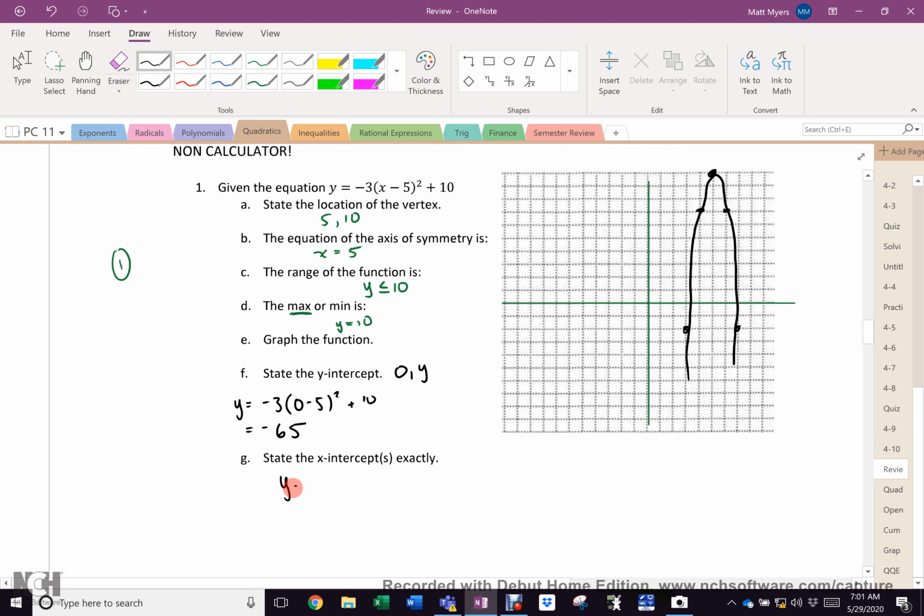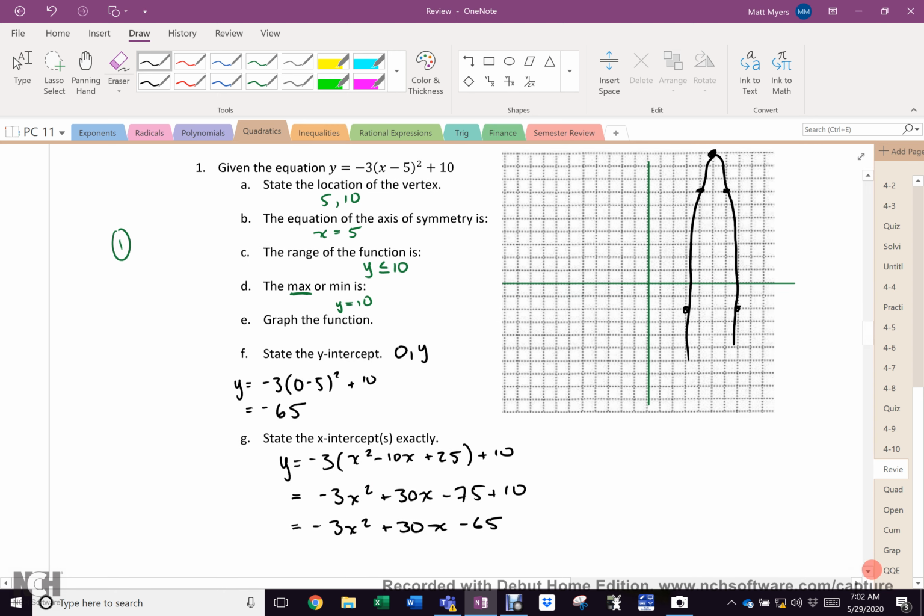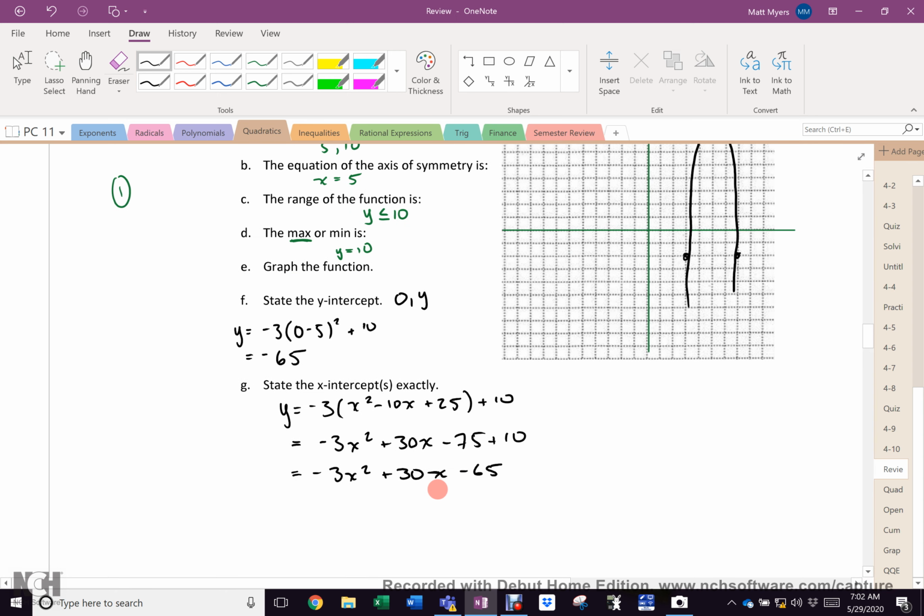So y equals negative 3x squared plus 30x minus 75 plus 10, negative 3x squared plus 30x minus 65. And then it's just quadratic formula.